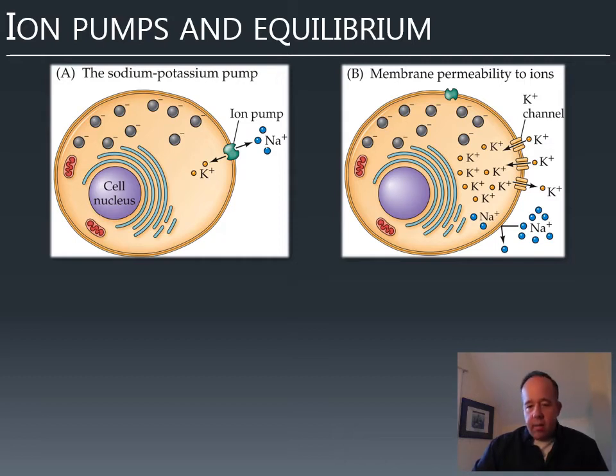Sodium doesn't have that. There are no channels for sodium that are always open. So sodium is stuck outside. There are, as we'll see, sodium channels that can open, but they're not always open. And so sodium, unless those channels are open, is just stuck out there. Potassium has sort of a free pass. It can go in, it can go out, and as we've seen, that sodium-potassium pump keeps potassium in.